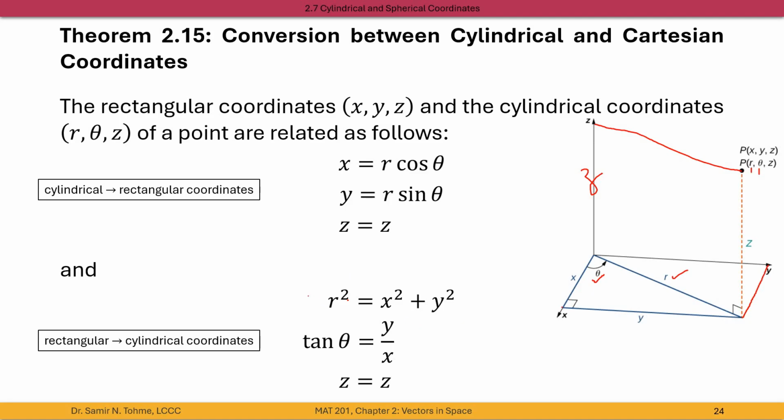So r can be easily calculated if you know x and y. Now, the angle can also be calculated simply by using the tangent of theta. Tangent theta is opposite over adjacent, which means that it is y over x.